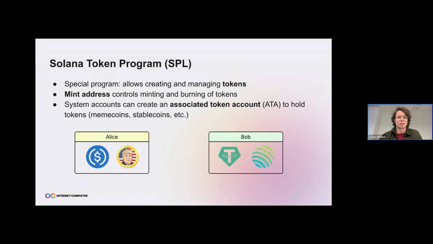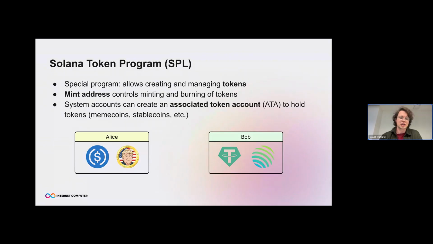And how tokens are handled on Solana is essentially that there is a mint address that is allowed to mint and burn tokens, so create and destroy tokens. And so you can see that, for example, USDC, USDT, or Trump coin are all examples of tokens on Solana. So you have stable coins, meme coins, and the like.